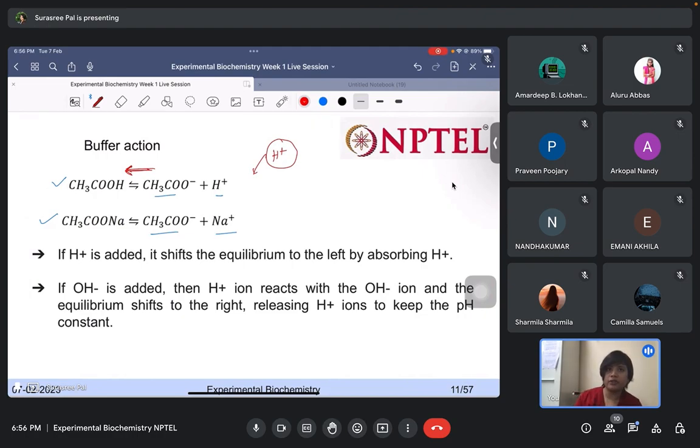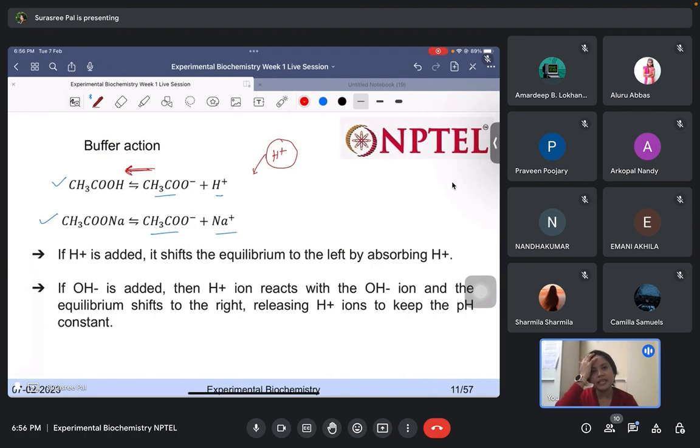That is how the buffers resist the change in pH when we add acid, by absorbing proton ions, so that the net proton ions in the solution remain fixed, and so the pH remains fixed, because the pH is dependent on the concentration of the proton ions, or the H plus ions, right?